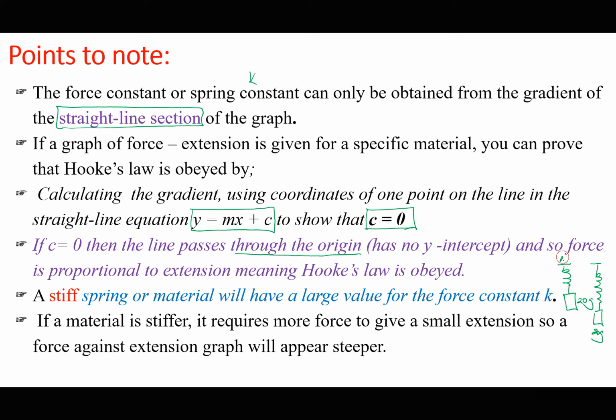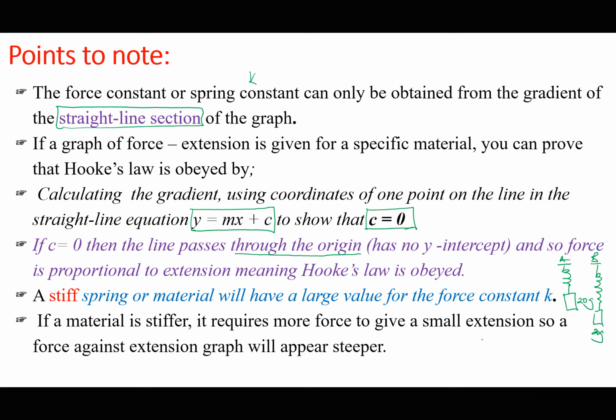So consider spring A and spring B. The same 20 grams has caused a smaller extension for spring A, but the same 20 grams has caused a bigger extension for spring B. So we would say B is less stiff than A, or A is stiffer than B, because for the same load, B stretches much more.